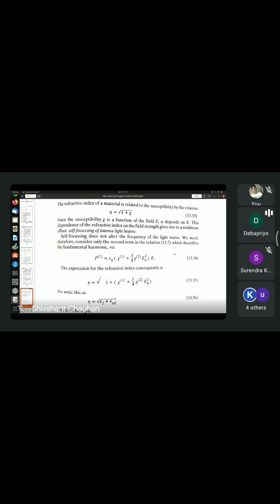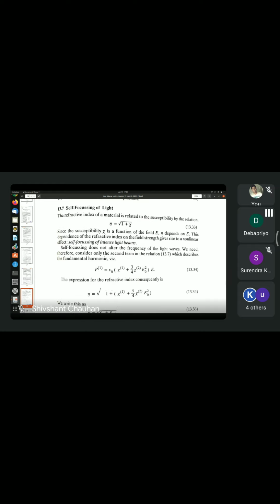So in expression 13.33 above, you have root over 1 plus chi, and if you have a linear medium, you will have just chi1 in place of chi, and this quantity 1 plus chi1 would be proportional to the permittivity epsilon. So actually 1 plus chi or 1 plus chi1 is equal to epsilon by epsilon 0.